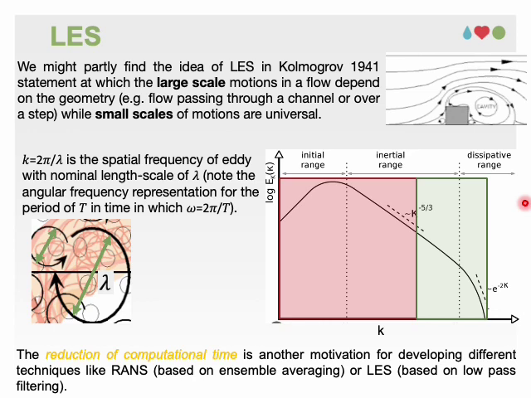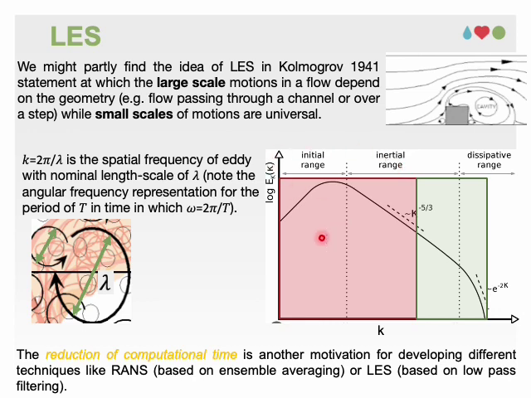The modeling of small-scale eddies is based on the assumption that they follow the statistical properties predicted by Kolmogorov theory. In simple terms, large-scale motions depend on geometry, while small-scale motions have universal properties.